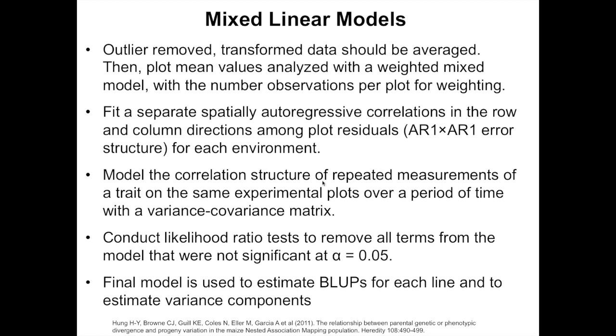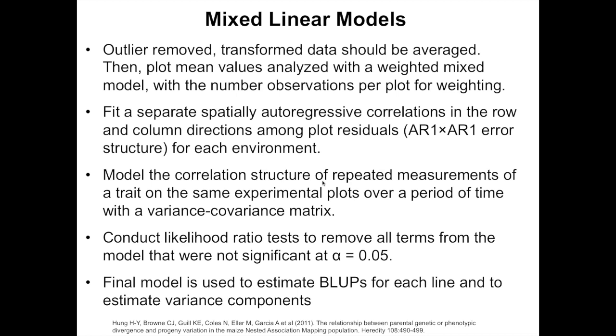How this works is because it's the same genotypes and the same plants that are being repeatedly measured across a particular time point for the whole growing season, or even across 2 or 3 time points across the whole growing season, those repeated measurements of a particular trait on the same experimental plots are going to have a correlated structure.